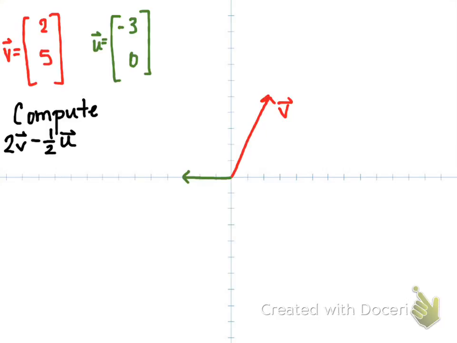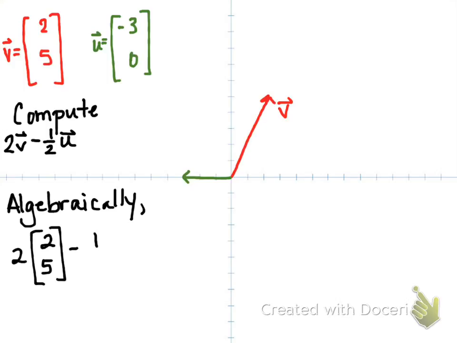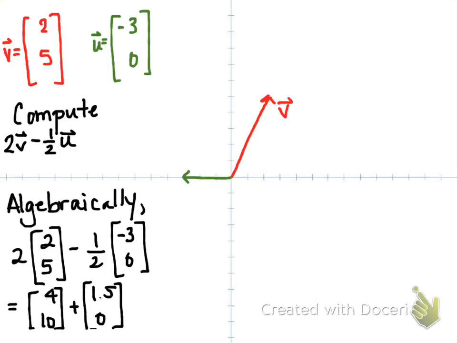So we know how to figure out what this is in terms of matrices. So algebraically, what we're going to do is take 2 times the vector 2, 5 minus 1/2 times the vector negative 3, 0. I do the scalar multiplication first, and then I add them component-wise. So I end up with 5.5, 10 as my new vector.